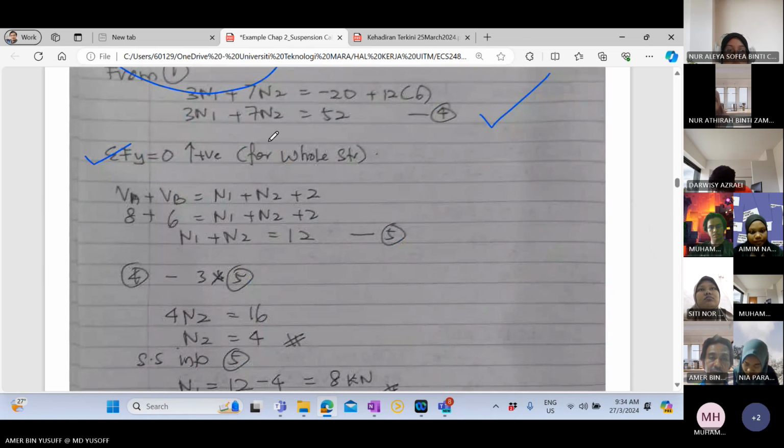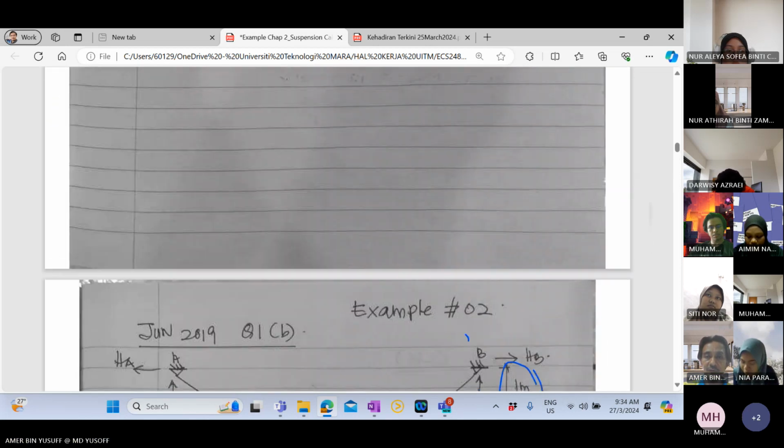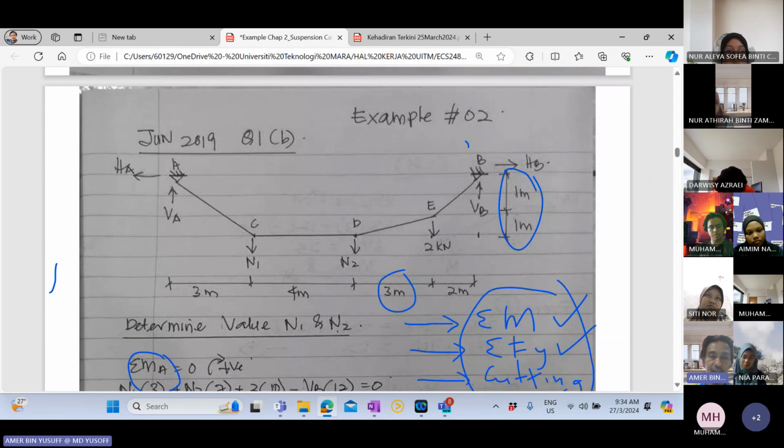Kat sini. So next, saya masuk pula summation of force in Y. Kalau in Y kita ada HA, VA, N1, N2, VB. Tapi VA dengan VB kita dah determine tadi. Kan? Kita dah determine dah VA dengan VB.